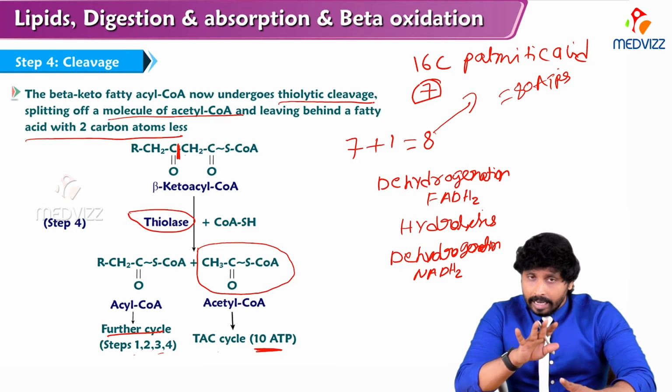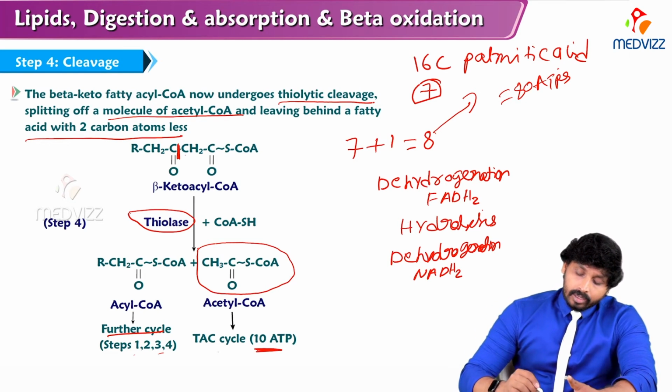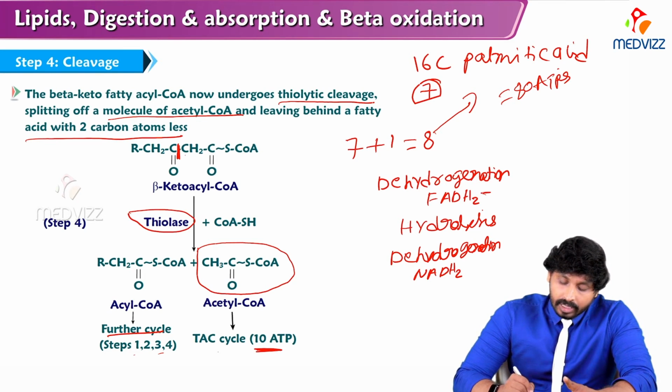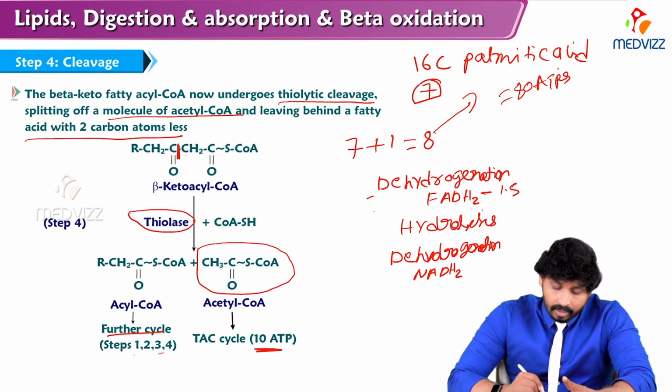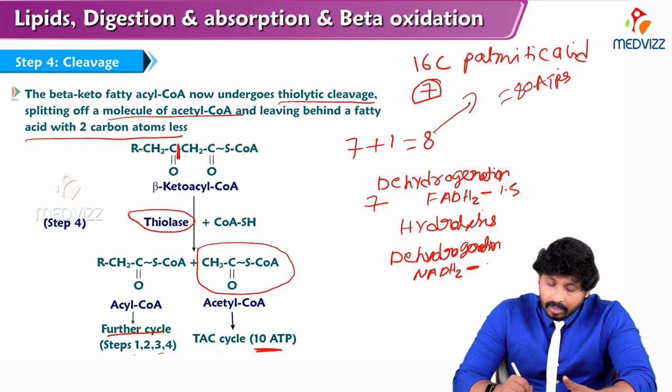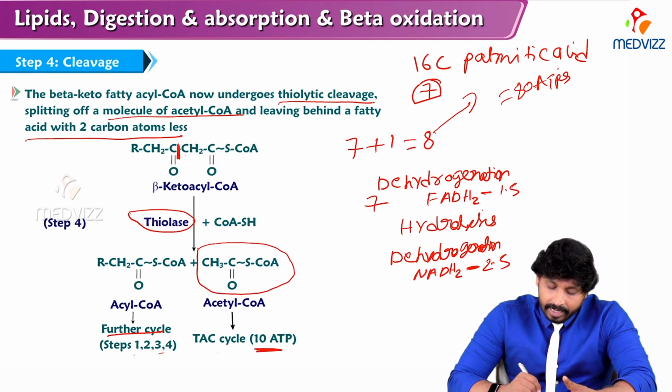Still not yet over. The calculation is still on. So one FADH2 produces how many ATPs? It produces 1.5 ATPs. How many cycles? 7. So 7 FADH2. And NADH, how many does it produce? 2.5 each, and 7 NADH.